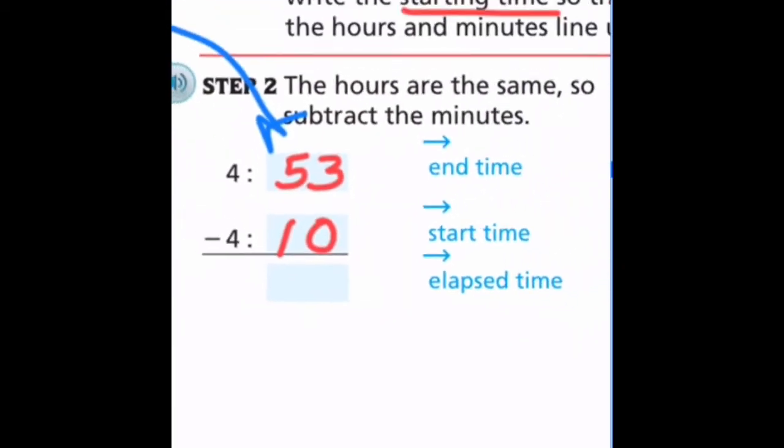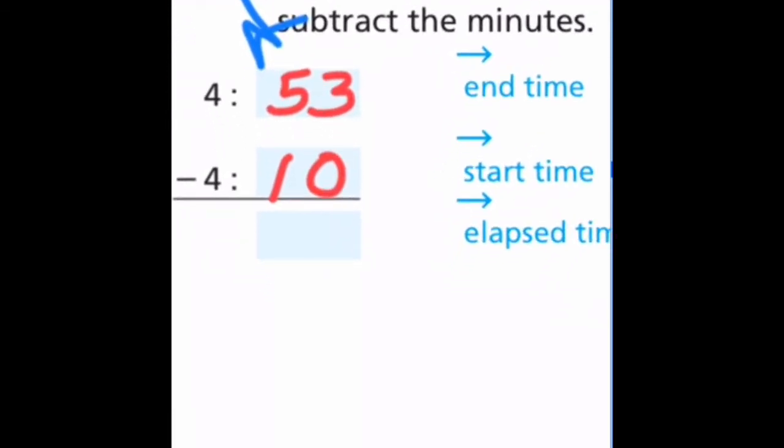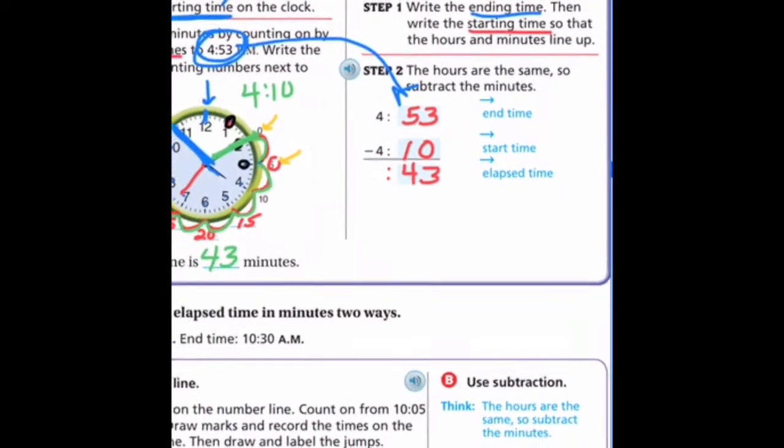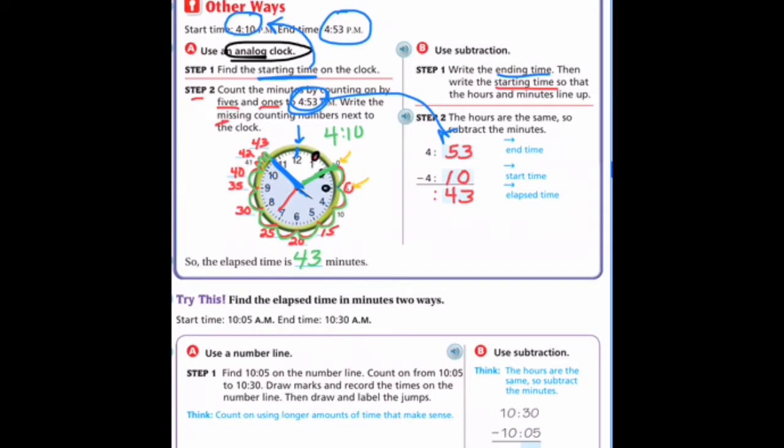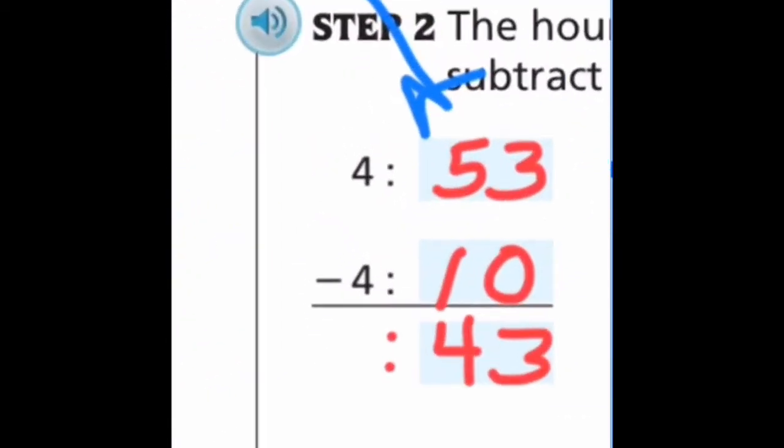And now we can just subtract. 3 minus 0 is 3. 5 minus 1 is 4. 4 minus 4, same hour, so we don't have to worry about that. So how many minutes? 43 minutes. Our elapsed time was 43 minutes. Okay? But again, we can only do that if the hour is the same on both.